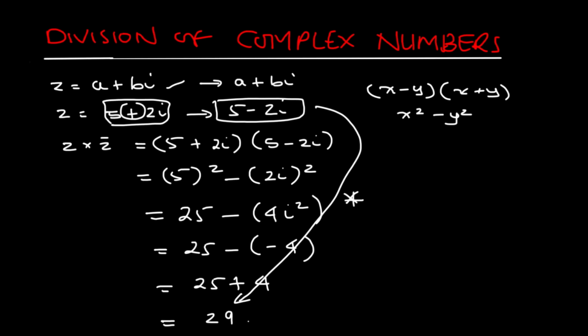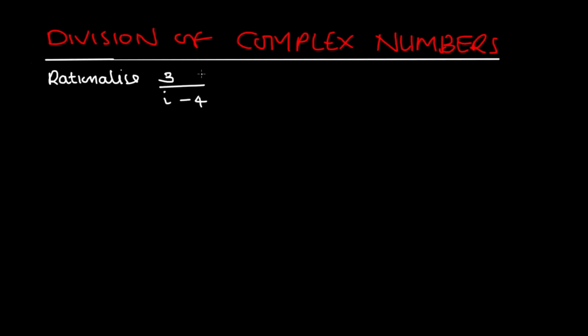So now let's do 2 examples of rationalization. Given a complex number like this, and they say that you need to rationalize it, meaning that you're supposed to remove the i from the denominator. What do you do? The first thing is to check that your number is actually in the correct format.